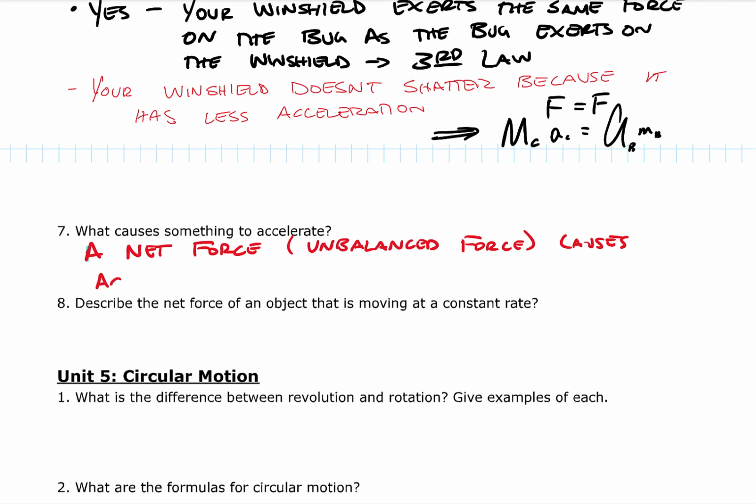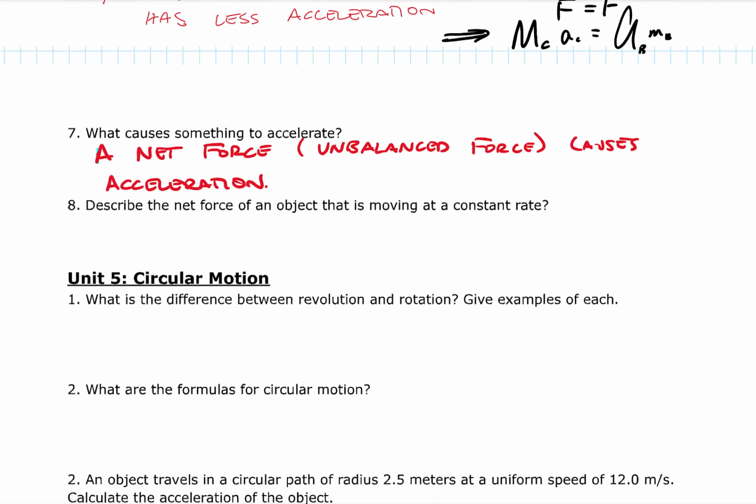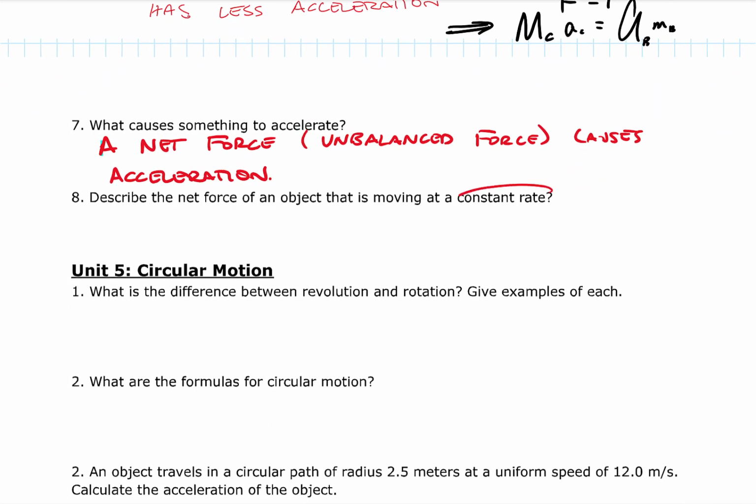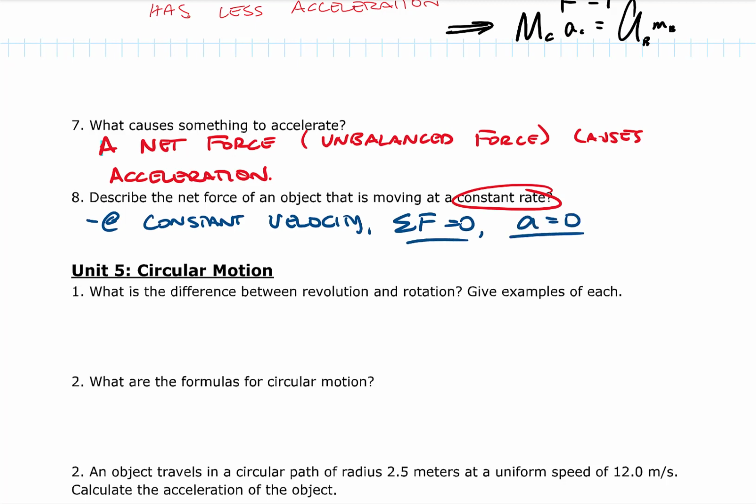Causes acceleration. Describe the net force of an object that's moving at a constant rate. At a constant velocity, net force is equal to 0, acceleration is equal to 0. We have to keep those things in mind.